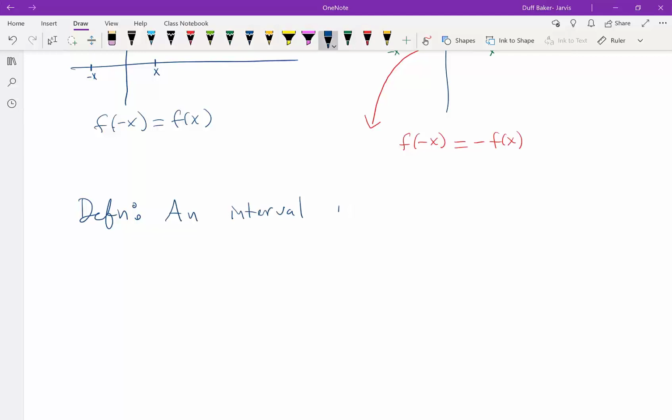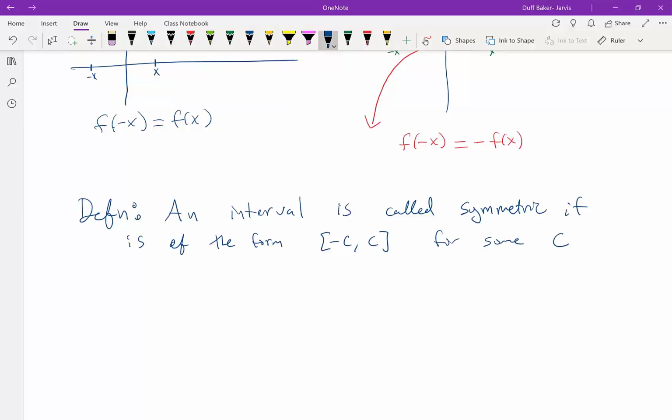An interval is called symmetric if it is of the form minus c to c for some constant, some number c.